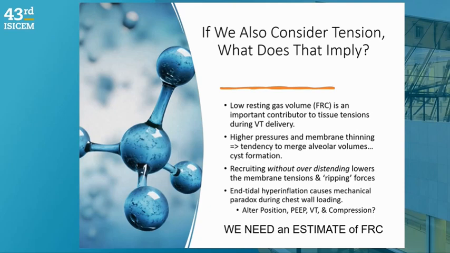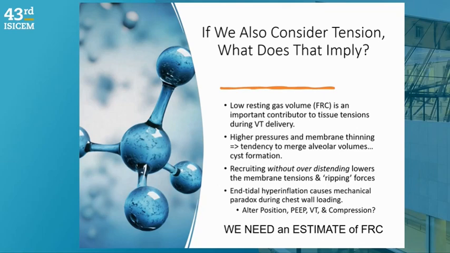Higher pressures at membrane thinning lead to a tendency to merge alveolar volumes and cause this formation. If we recruit without overdistending, that lowers the membrane tensions and ripping forces.